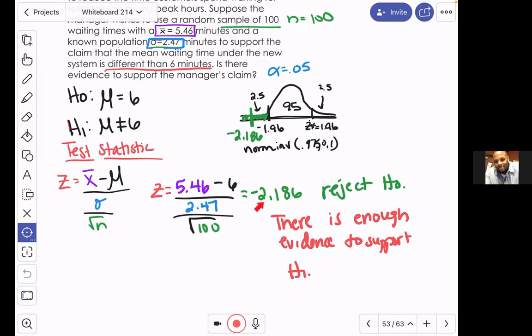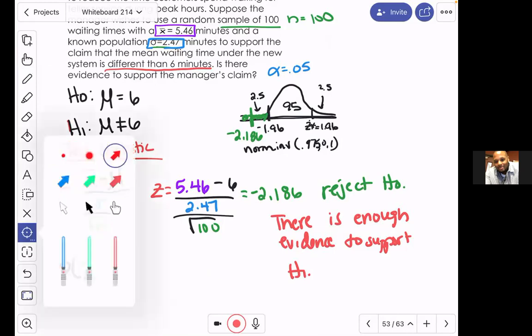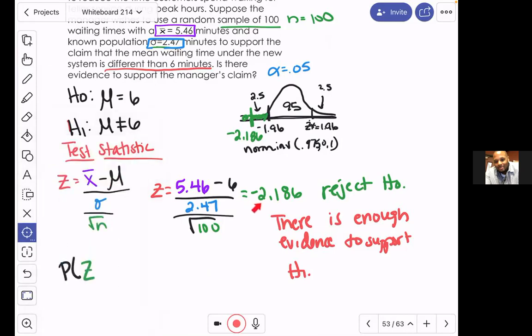So once I have a z-score of negative 2.186, I want to find the probability of finding a z-score that is as extreme or even more extreme than the one I got. Look here, I got a negative 2.186, right? Getting something as extreme as that would be sitting right here. Or even more extreme would be which way? Left or right?